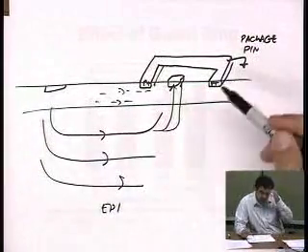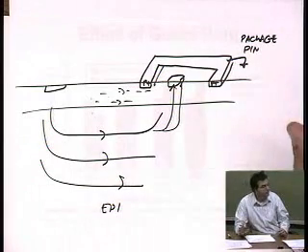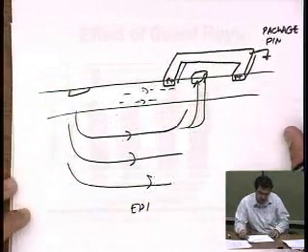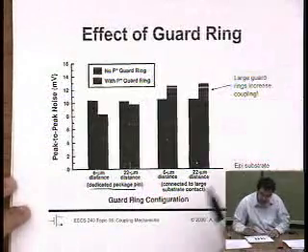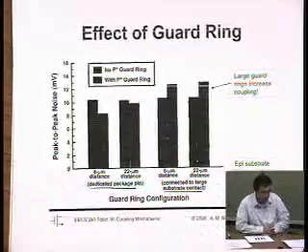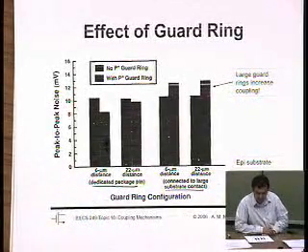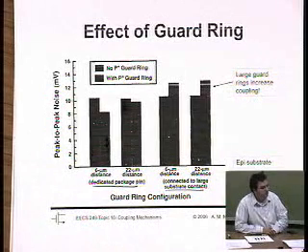Instead of using the global ground, which is connected to the substrate, I go to my own separate ground contact. And in that case, it does help. But if I just tie this to the substrate contact to the global ground, actually the coupling gets worse. Any explanation for that?